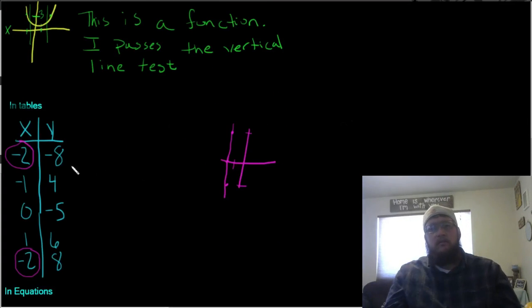And we can verify that in the table because each one of our inputs does not correspond to only one output. Negative 1 has only one output, 0 has only one output, and 1 has only one output. But negative 2 has two different outputs. Negative 2 gives us a negative 8 and an 8.